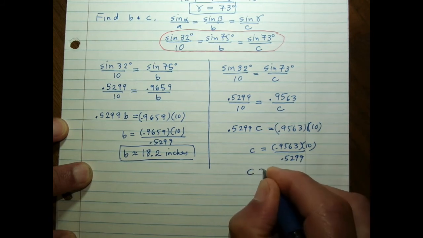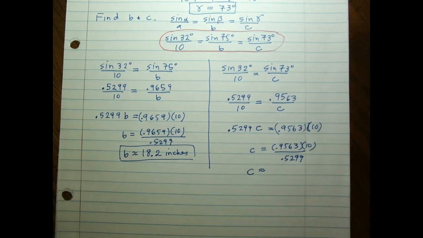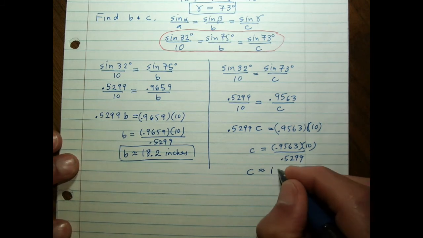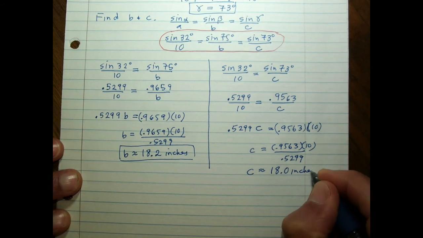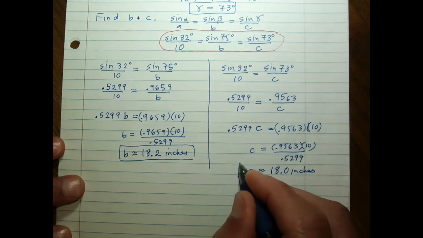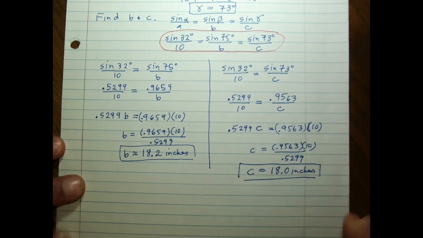And let's go through that calculation. And I get, round off to one place, I get 18.0. 18.0 inches is my measure for C.